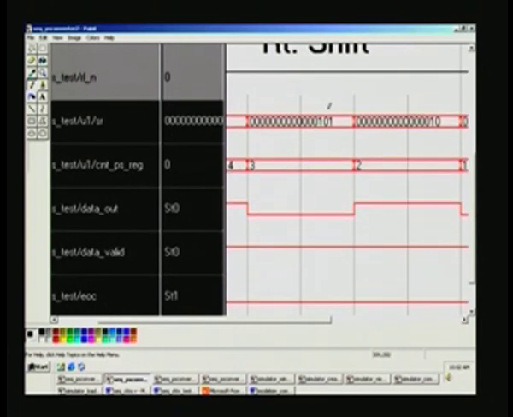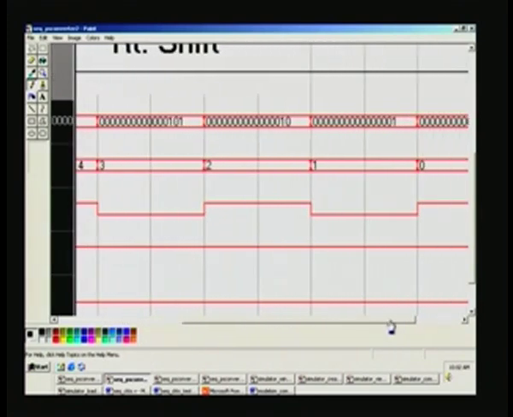You can still see that some of the patterns are still here, 1 0 1 here, and once you right shift this one gets dropped. So, 1 0 here, and you can see that data out is going alternately low and high, and all through data valid is high, and end of conversion is 0 because all the bits are not serialized.